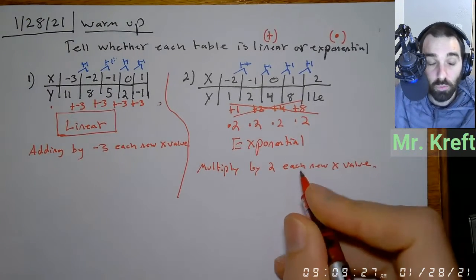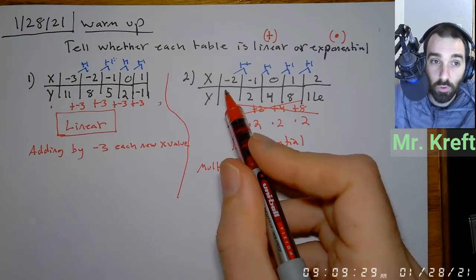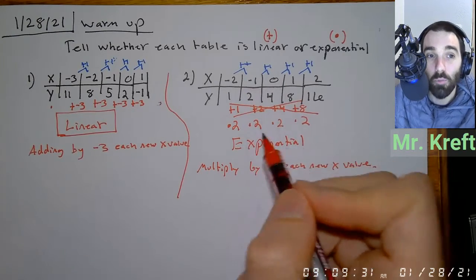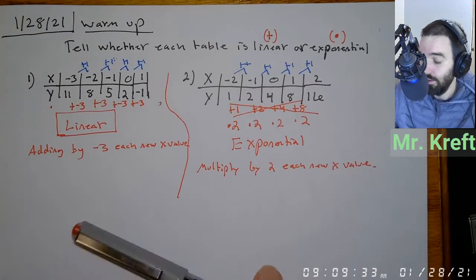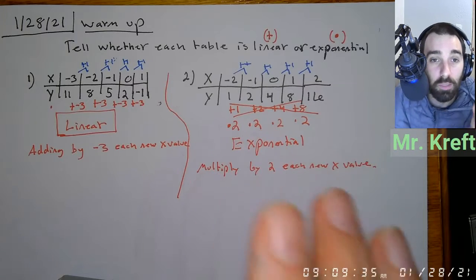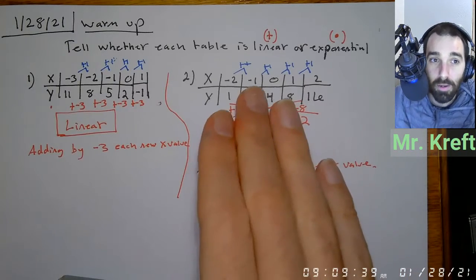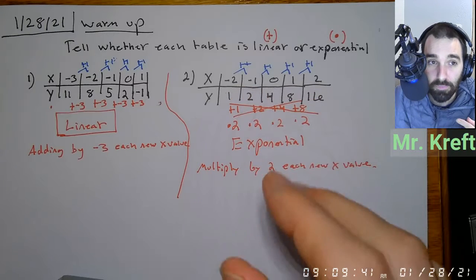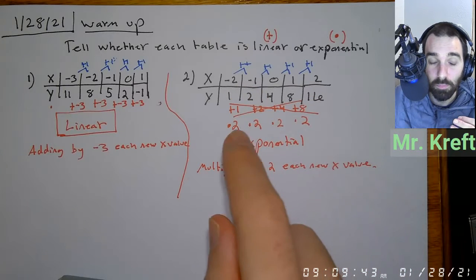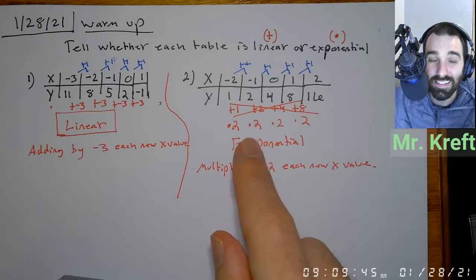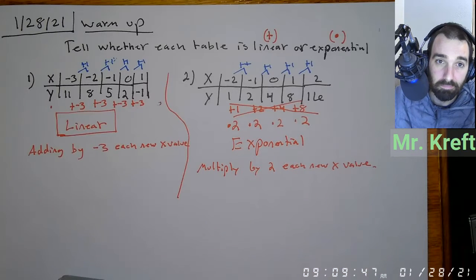Right? So imagine if x was time, what we're saying is as time goes forward 1 second, my output is multiplying by 2. A more realistic example of these, so let's say time was months or weeks. How about a week? If x was a week, I might be looking at bacteria, and that bacteria is doubling every week.